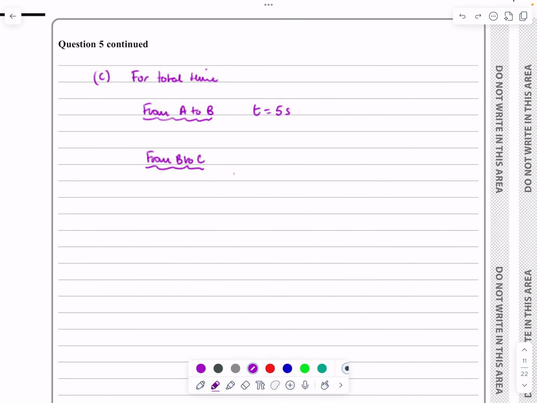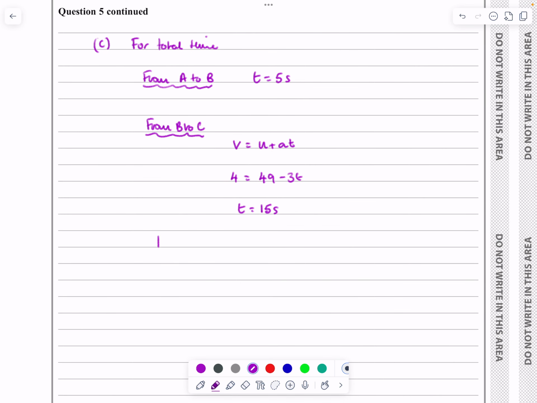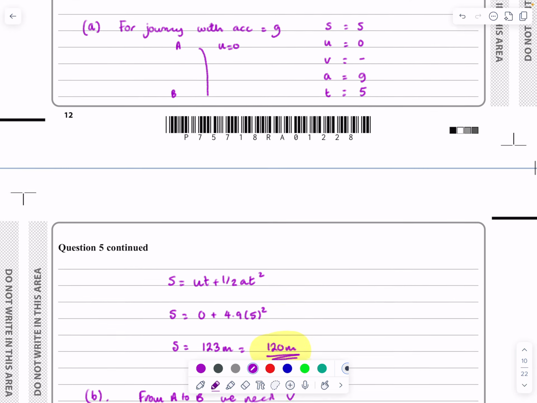So we can use v equals u plus at, because I knew that v was 4, I knew that u was 49, I know that the acceleration was minus 3, so we can work out what t worked out to be from that. Works out to be equal to 15 seconds. So total time equals 5 plus 15 equals 20 seconds. Perfect, just the last part to do.